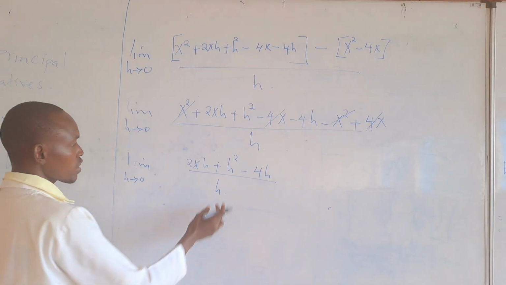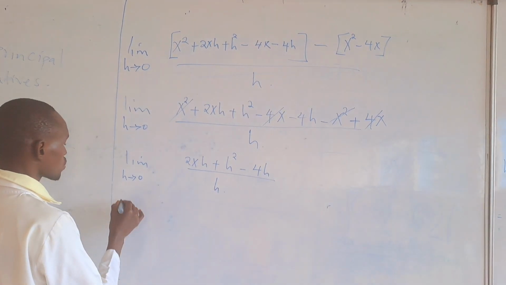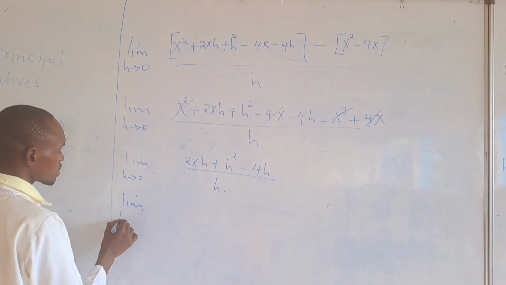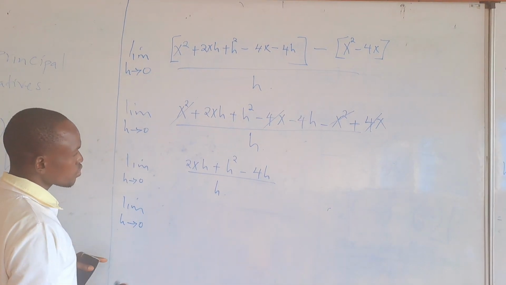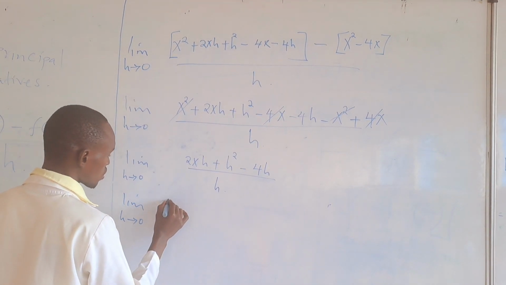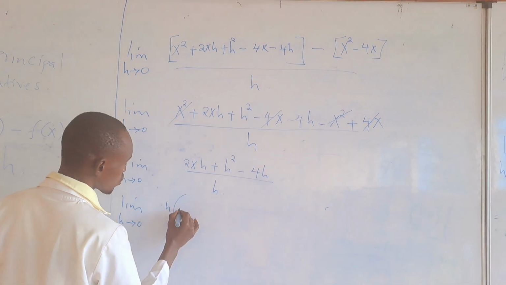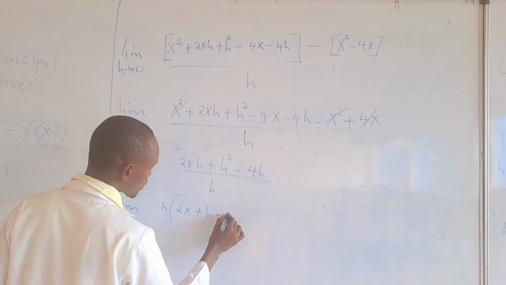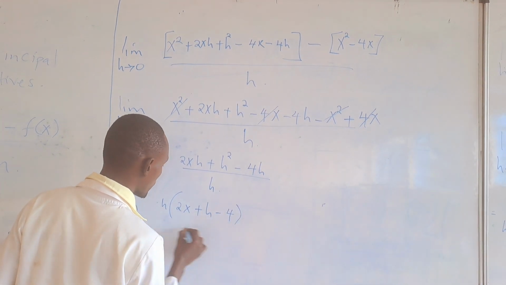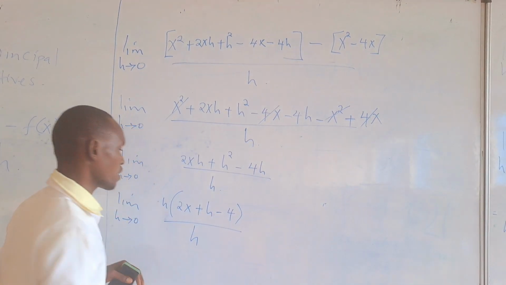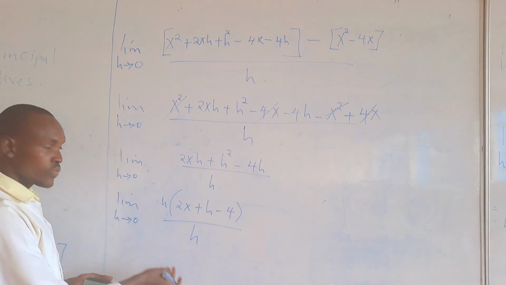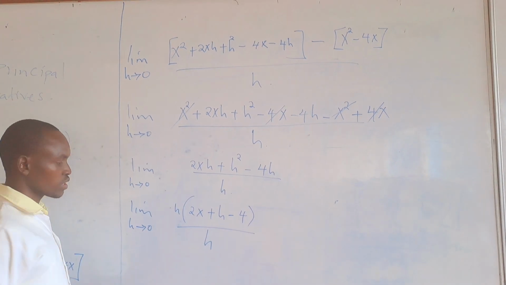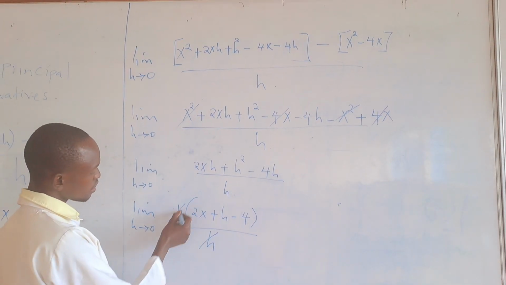Now we factor the common term of the numerator, so we have the limit as h tends to 0 of h into 2x plus h minus 4, everything divided by h. So if we have this simple expression now, it is automatically that this will cancel this.